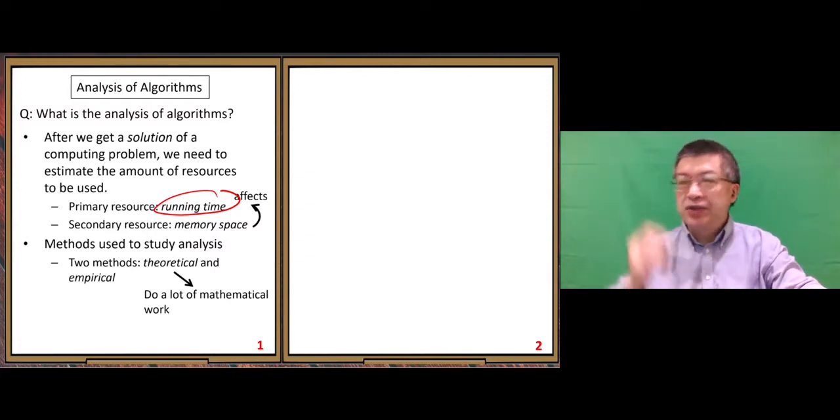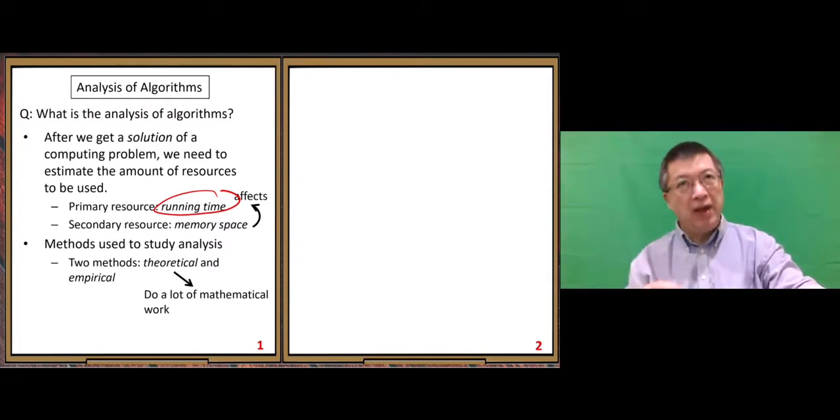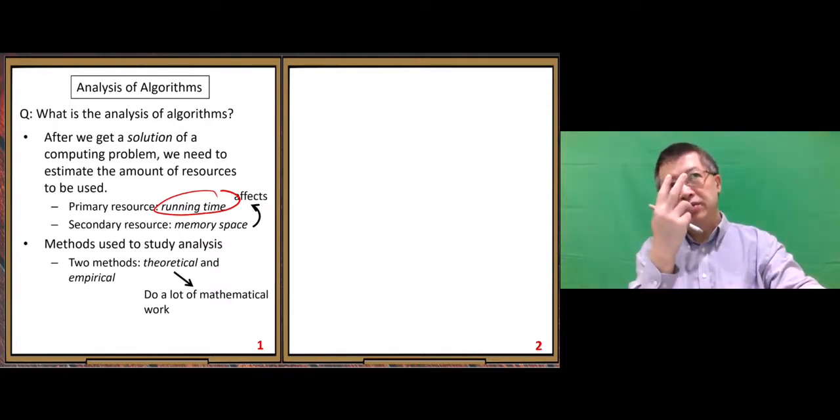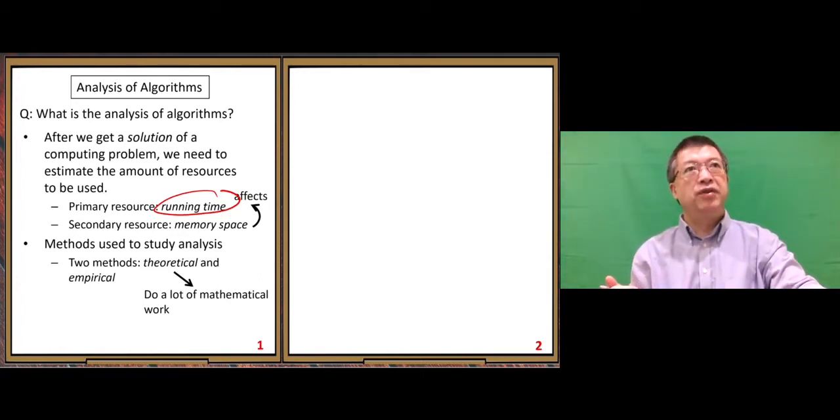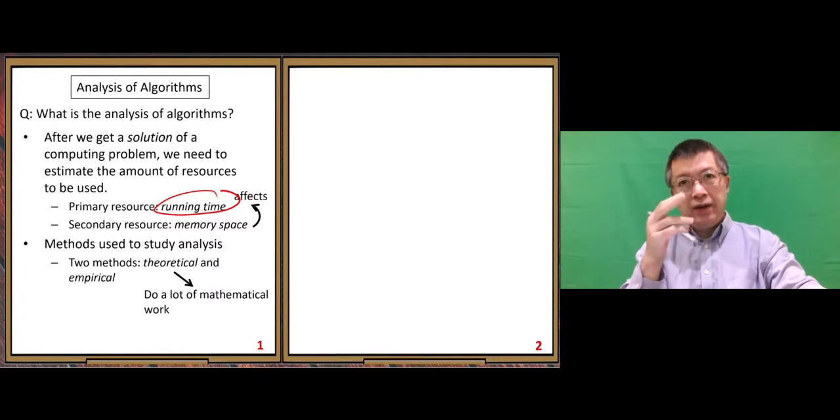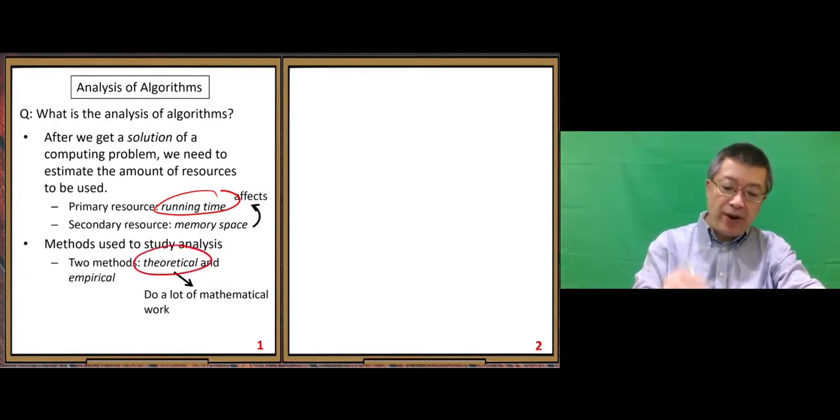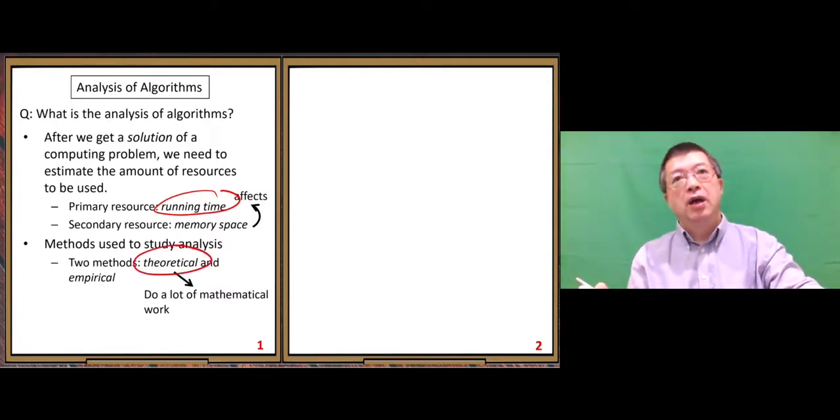Mainly we use methods from calculus, 1800 calculus, and discrete math, Math 3000. We use the knowledge in those two classes to do this theoretical analysis.